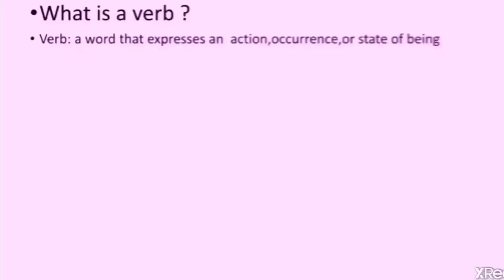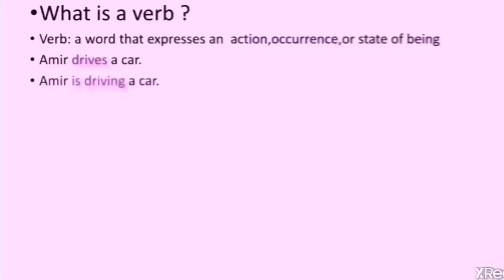What is a verb? Verb is a word that expresses an action, occurrence, or state of being. For example, Amir drives a car. Here, drives is a verb.